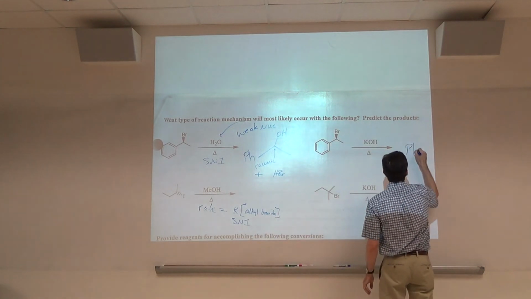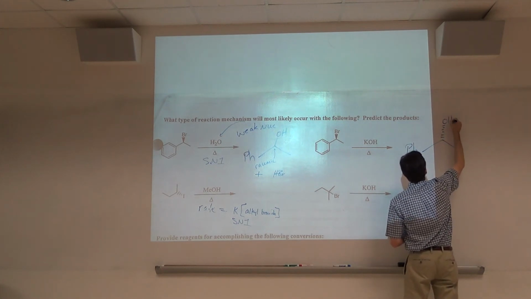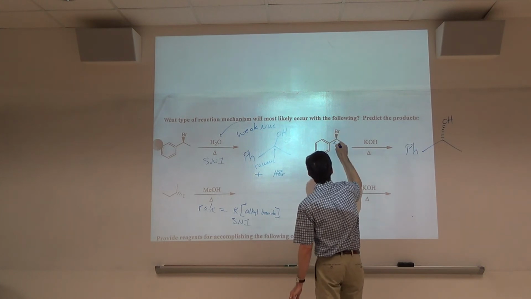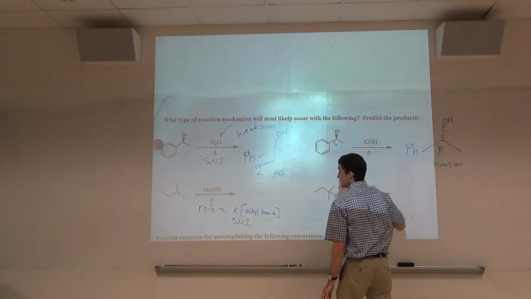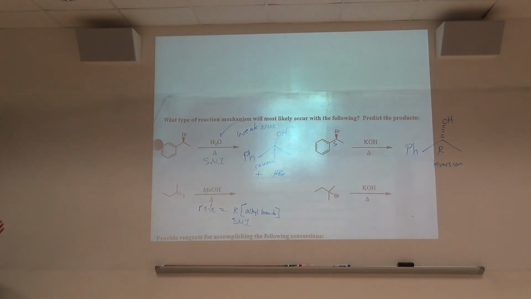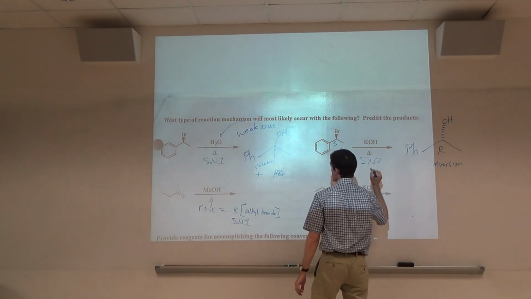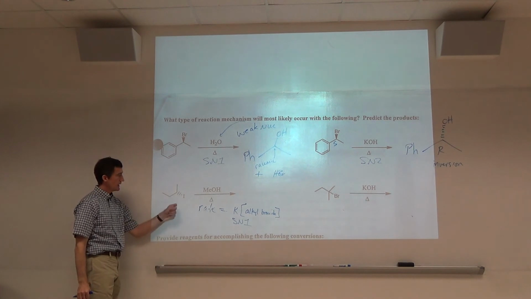Over here, this looks like it's S, and that's going to be R. There you will get inversion because your mechanism is backside attack. Concerted, kick it off. No carbocation over there. SN2. I'll let you do this one on your own.